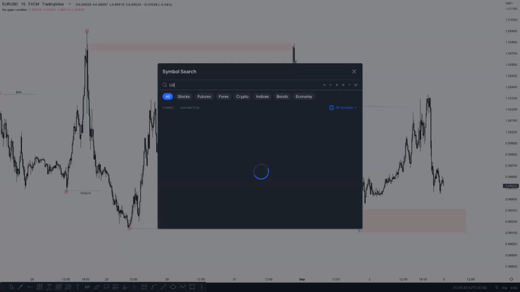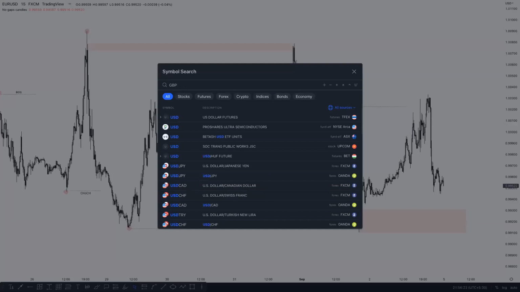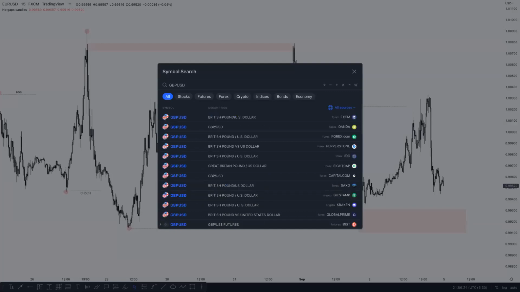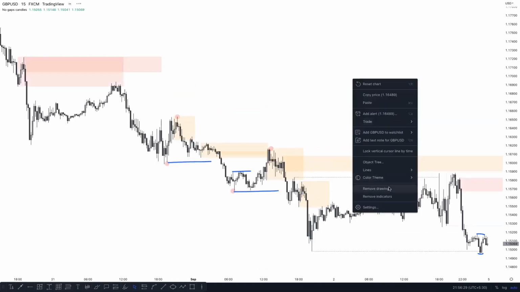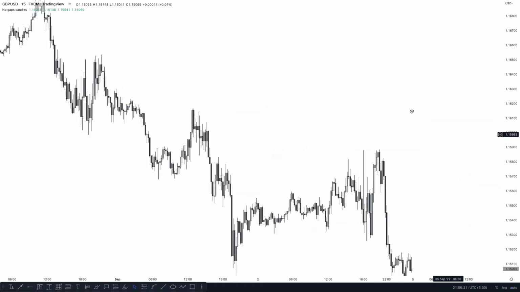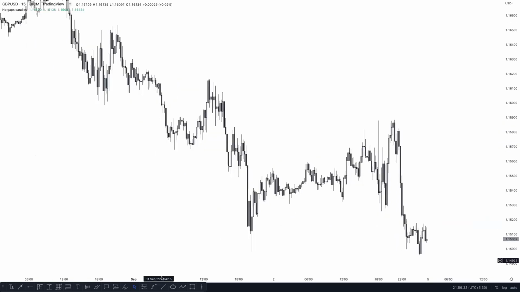And now let's see GBPUSD. The same thing is happening in GBPUSD in the 15-minute structure. If you are marking from the daily time frame perspective, you can mark the recent structure here, because the market broke the structure here.